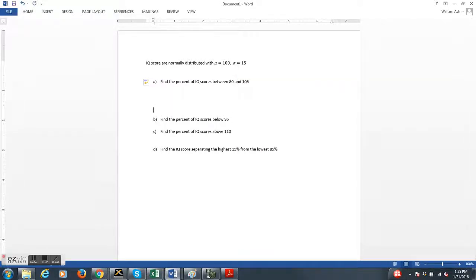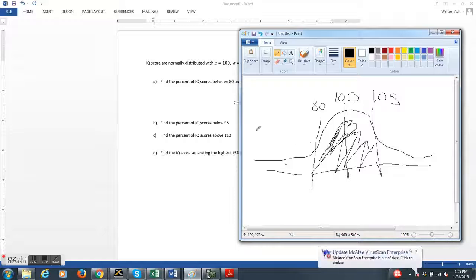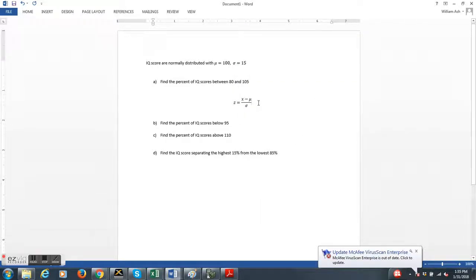So the formula for that is going to be z equals data minus mean divided by standard deviation. Now on this one I have two different numbers, 80 and 105. So I'm going to turn both of these guys into z-scores.